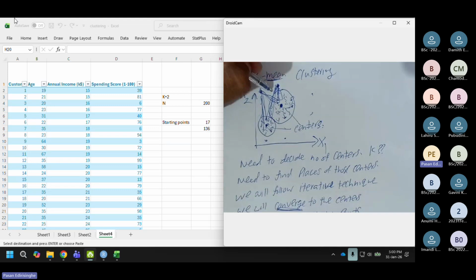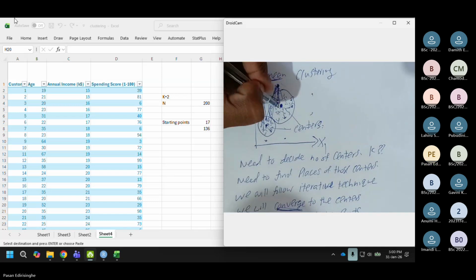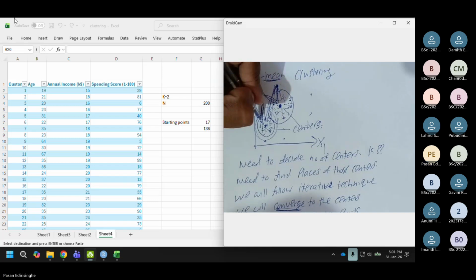Once you group them, you can re-measure the center using that group. You will find some group over here, and then you remeasure the center based on them. Then you repeat the same process: after you remeasure the centers, you measure distances again and see how the grouping goes.